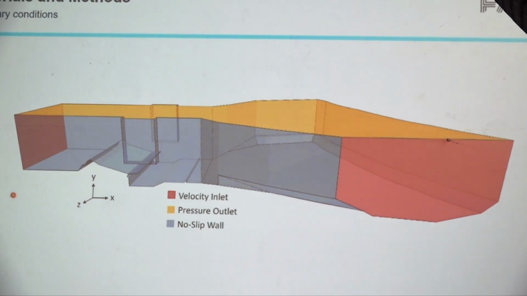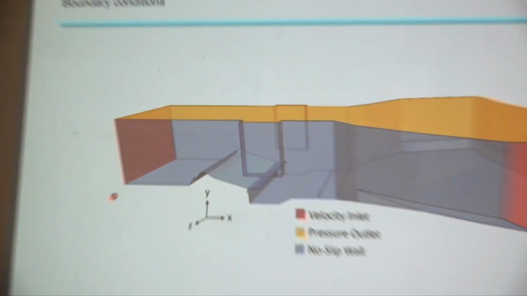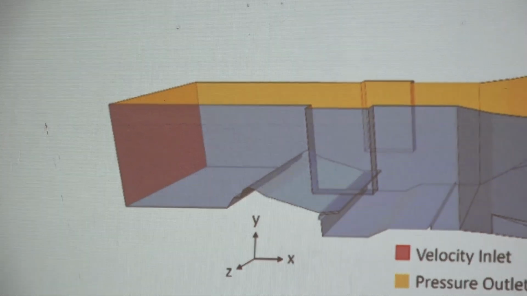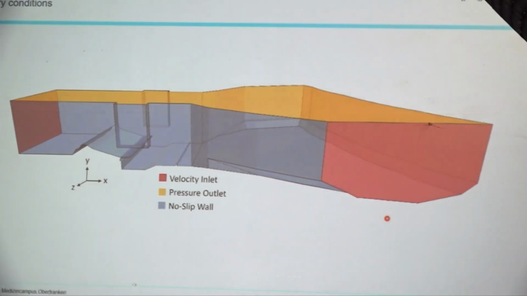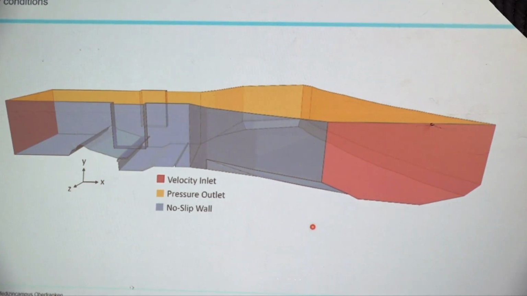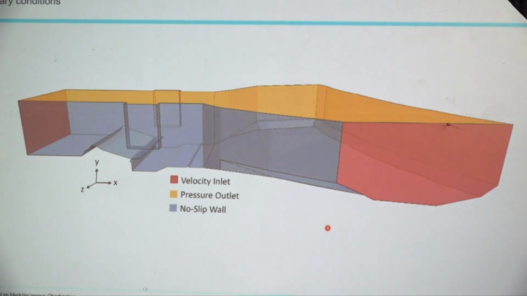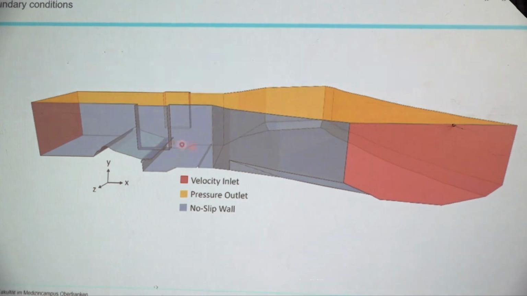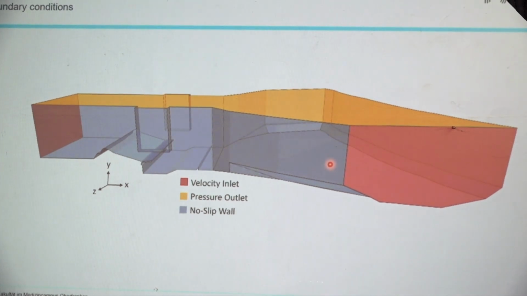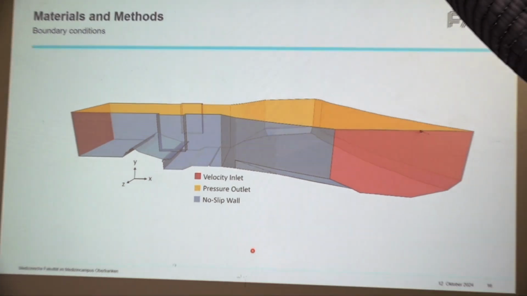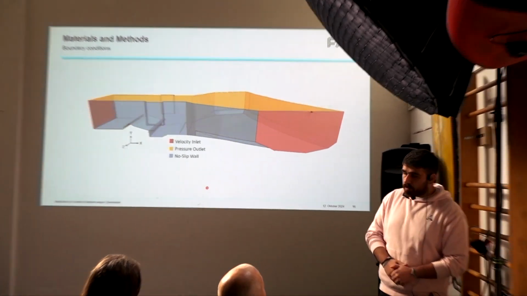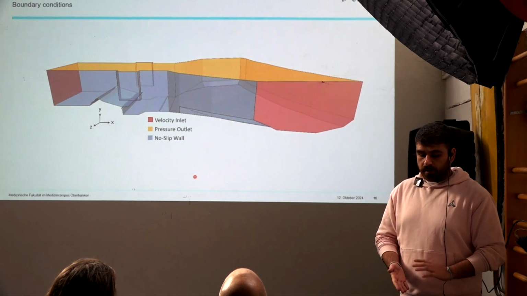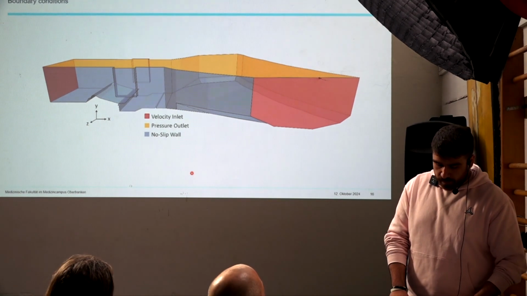Here at the front, we have our inlet where the water flows in, and here in the back we have our outlet where the water flows out. Since we are dealing with a multi-phase flow, we also need to define an air outlet, which is shown here in orange, which represents the top boundary of our simulation domain. The rest of our simulation volume is defined as a no-slip wall, which means that the velocity of our fluid at the walls is 0, as in real life.